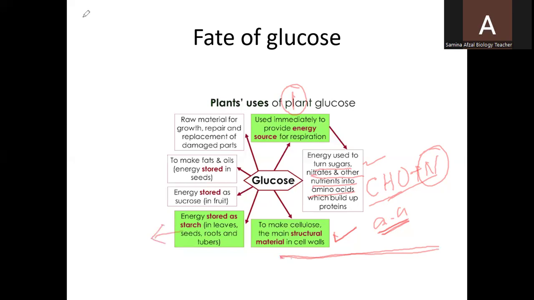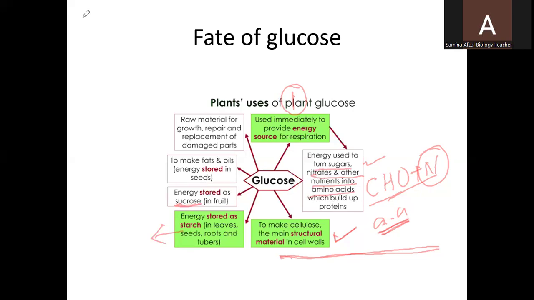Extra glucose will be stored in the form of starch. And the next is energy stored as sucrose. You know, the fruits are sweet in taste. So the sweetness is because of that sucrose, which is manufactured when the glucose molecules join together.